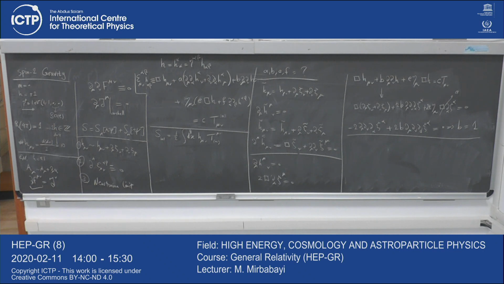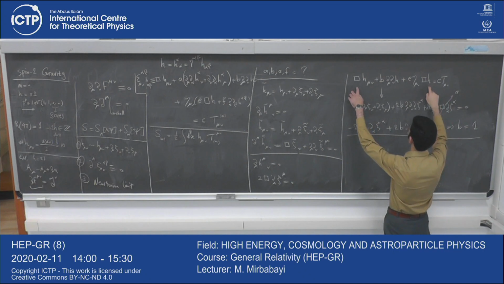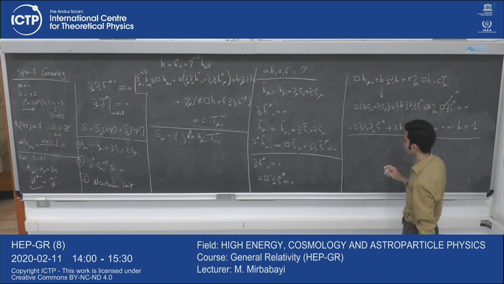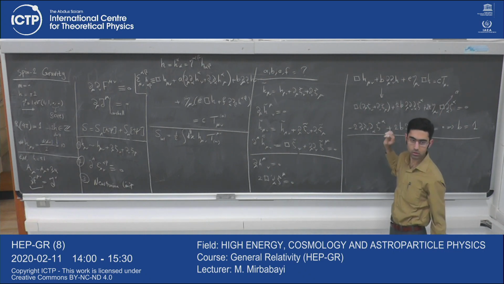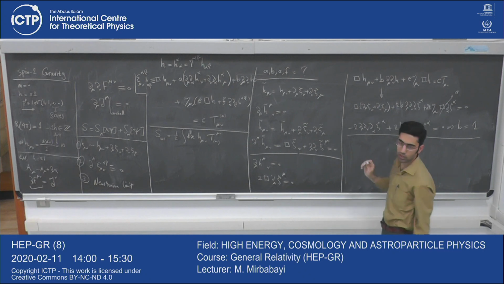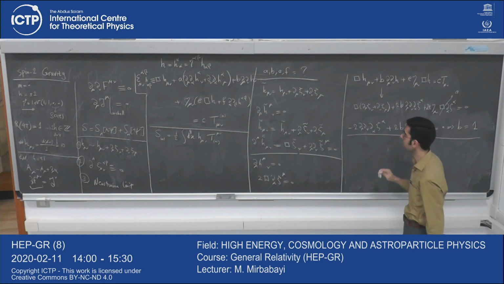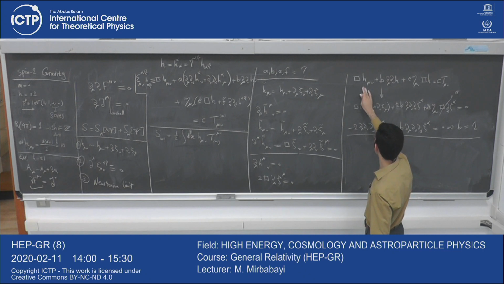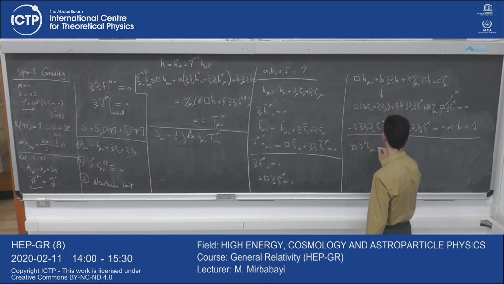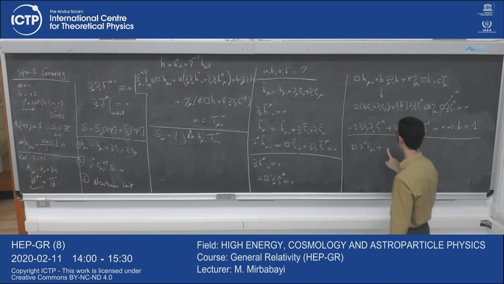Then I want it to be divergenceless. I want this equation to be divergenceless. So I act by d mu on it, and I want it to be divergenceless as an identity. So if I act by d mu on this equation, I get box d mu h mu nu. Now we know that b is 1.